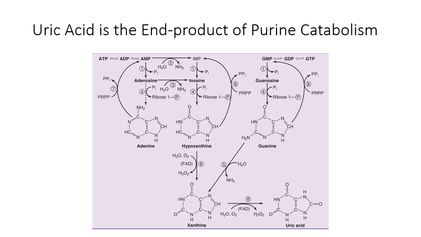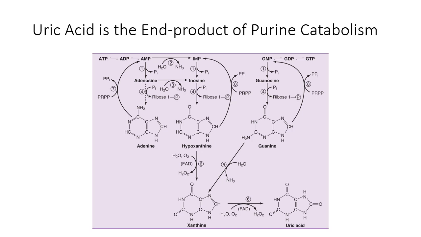So first, remember that purines are nucleotide bases which have two rings in them. And we have two purines, adenine and guanine. When adenine and guanine are attached to a sugar, we form adenosine and guanosine.